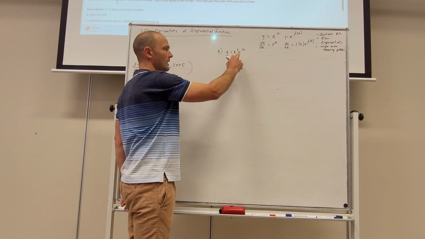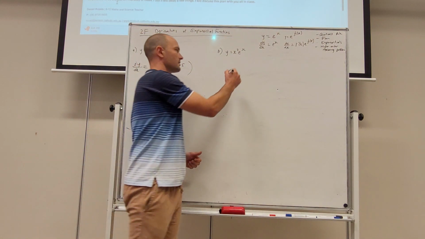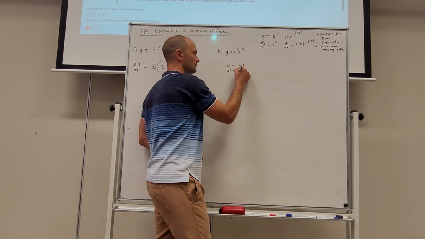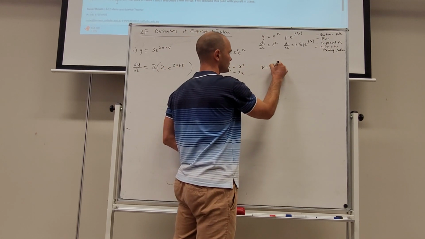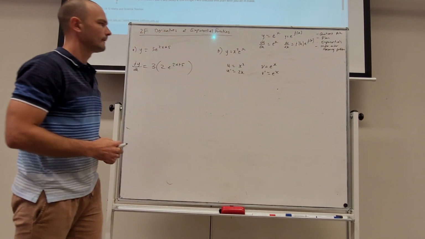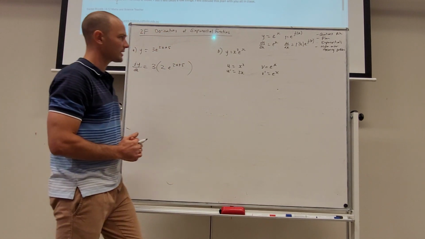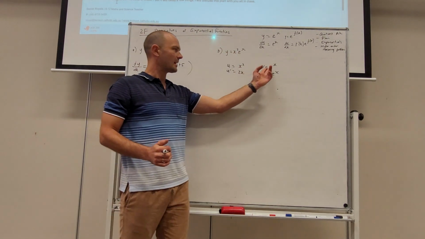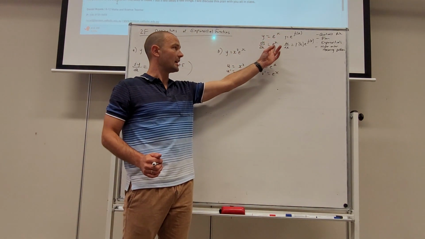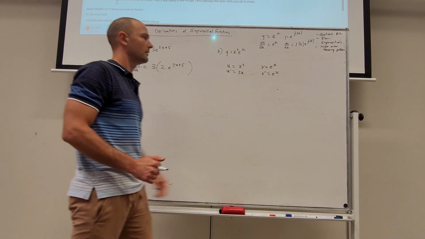Alright, onto this one here. We have x squared multiplied by e to the x. So here we have to use the product rule. So u is x squared, u dash will be 2x, v is e to the x, and v dash we know from here, if we differentiate e to the x, we get e to the x.